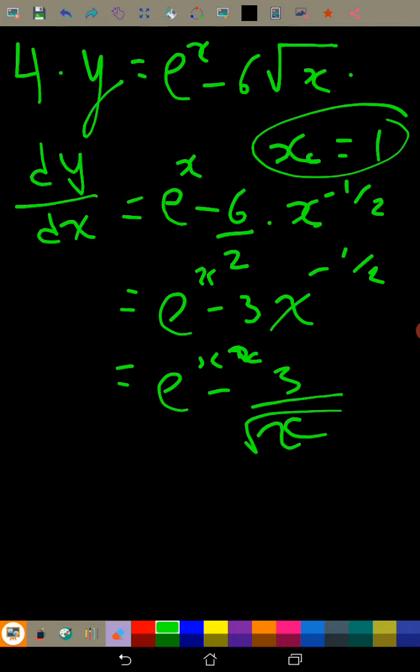Let's see what kind of answer. Oh yeah, we have the x is equal to 1, so it's going to be e here. The value of e is like 2 point something, and we have 1, so square root of 1 is 1.